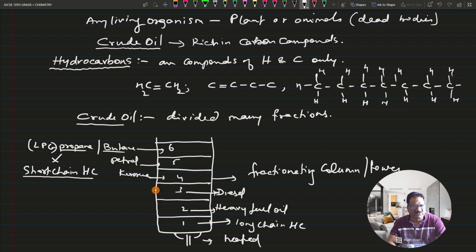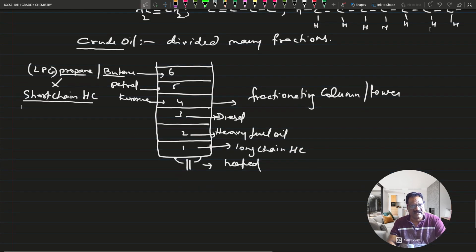And when this crude oil is heated, all these components of this crude oil get converted into vapors. It gets converted into gas, and these various fractions boil at different temperatures. So this may boil at a very high temperature, this may boil at a lower temperature, this may boil at a still lower temperature, that way.